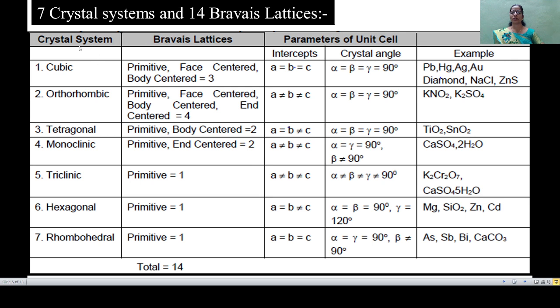The first crystal system, that is cubic system, is of 3 types: primitive, face-centered, and body-centered. We had studied the arrangement of constituent particles in all these types of system.